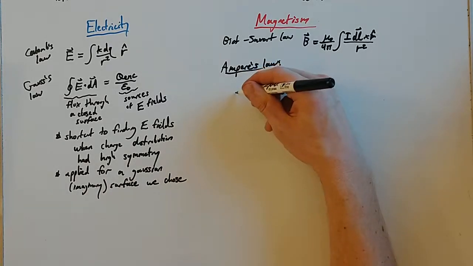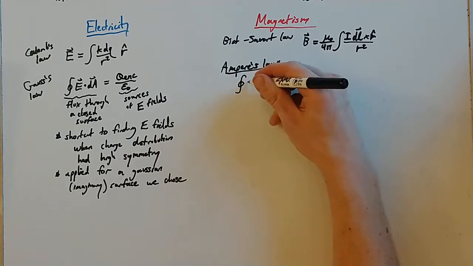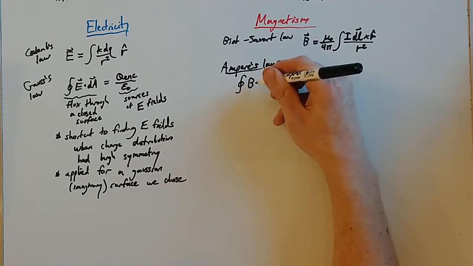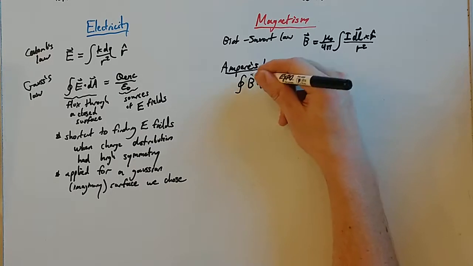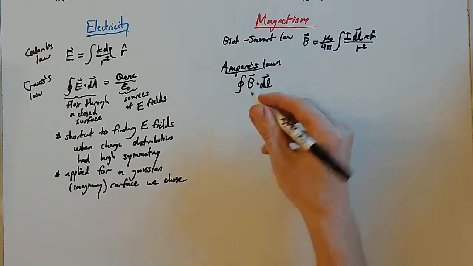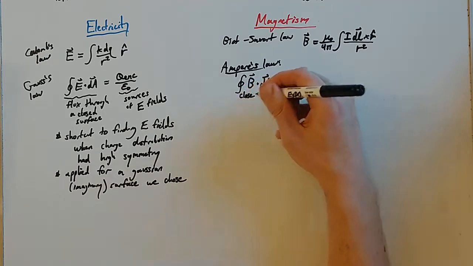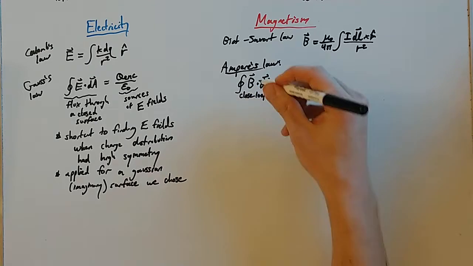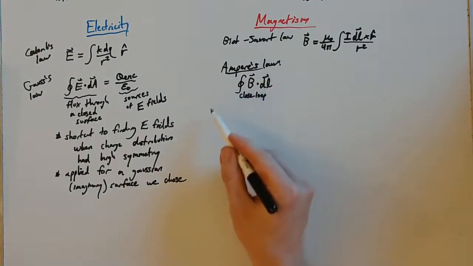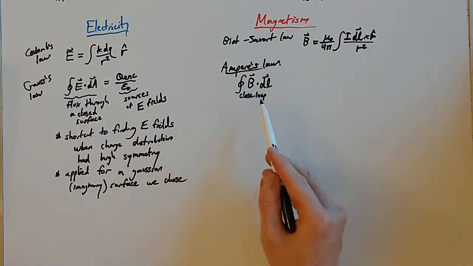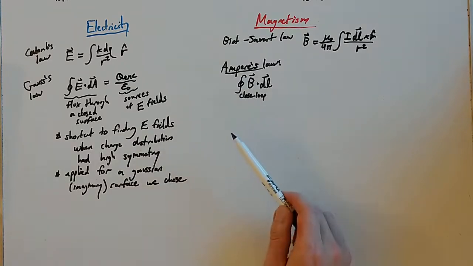So Ampere's law says the following. If we take a closed integral, B dot dl, over some sort of path, a closed loop or closed path, we're going to walk in some loop, just like we were doing in the previous video.